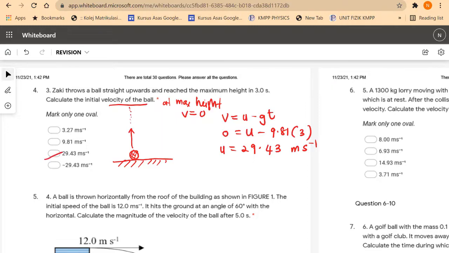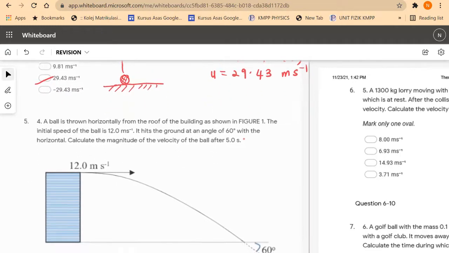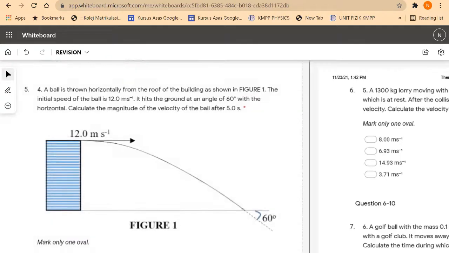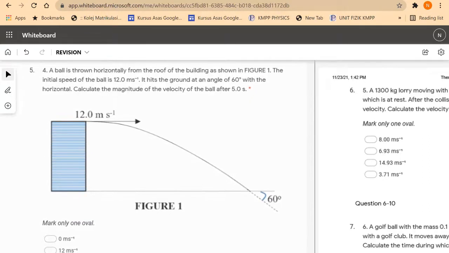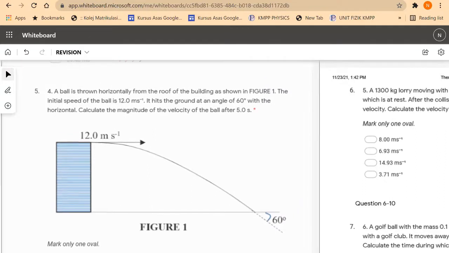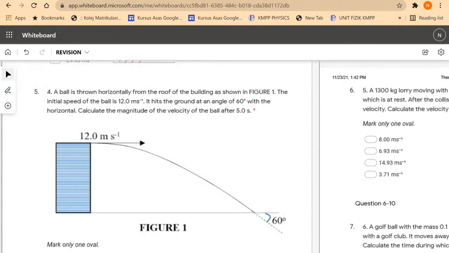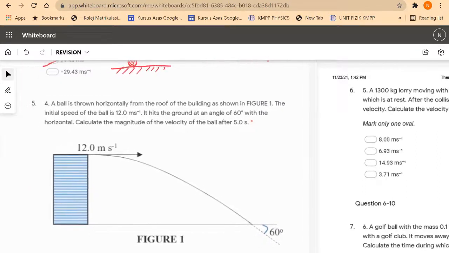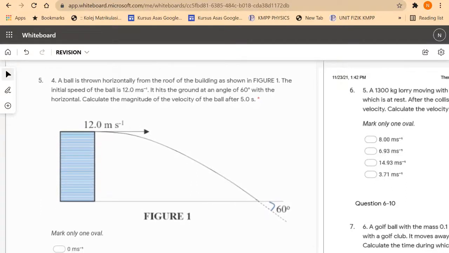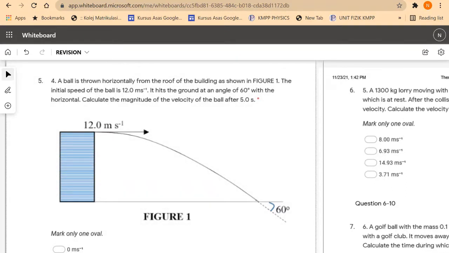Okay, then number 4. A ball is thrown horizontally from the roof of the building as shown in figure 1. The initial speed of the ball is 12 meters per second.